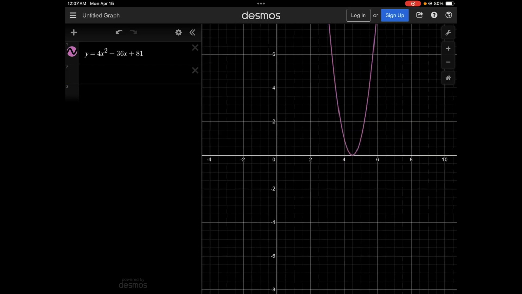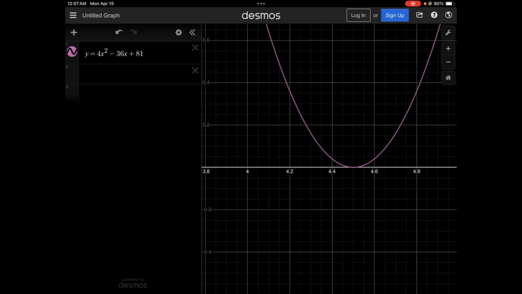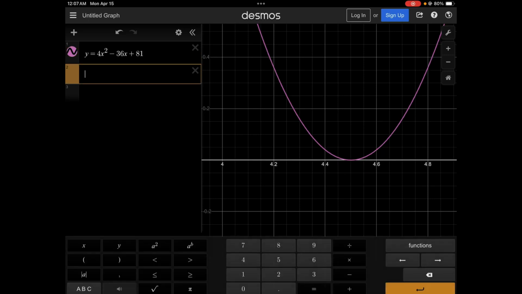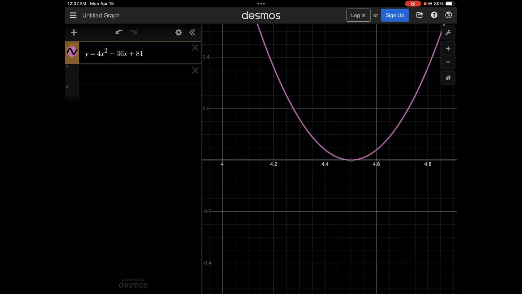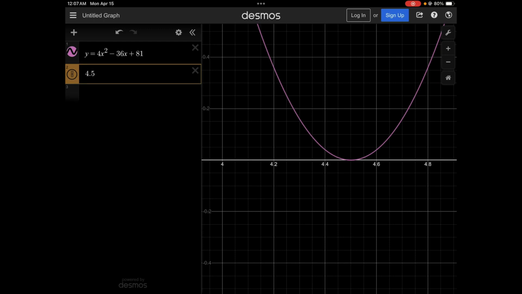Where is my graph, by the way? Oh, I can narrow it down now because I see there is only one x-intercept. And this x-intercept is 4.5, which if I write it as a fraction is 9 over 2.